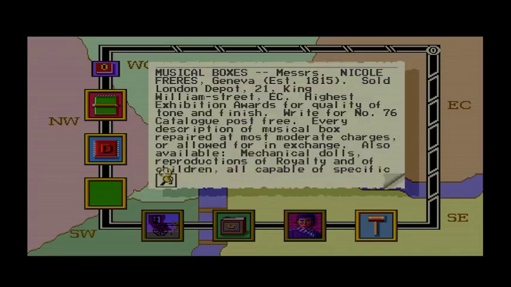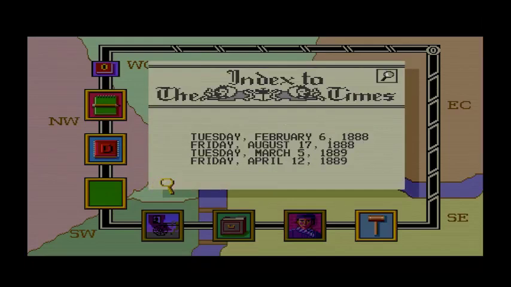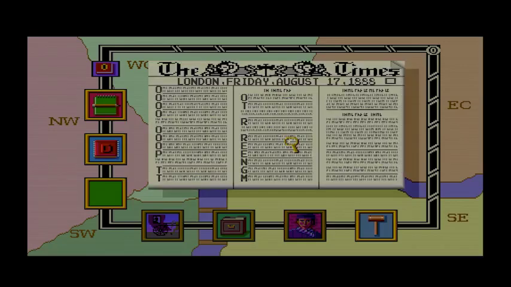Musical boxes, no. The book seems to have a whole lot more information than this one, that's for sure. London, Friday, August 17th, 1888. Are these going through several different... What?